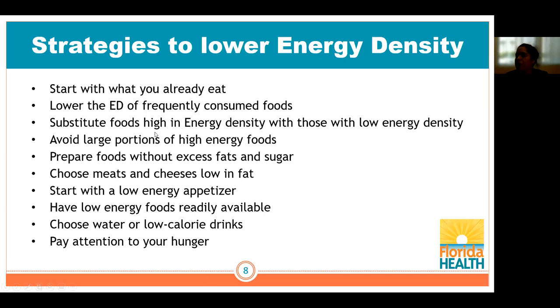The other thing you can do is lower the energy density of frequently consumed foods. What you want to do is avoid adding fat and sugar to your meals. Like I said, consider the way you're cooking things. You want to avoid things like frying. You want to either bake or stir fry. You have a lot of options.